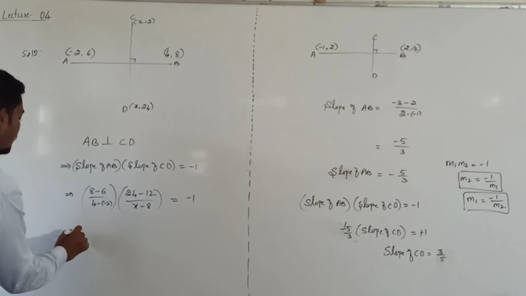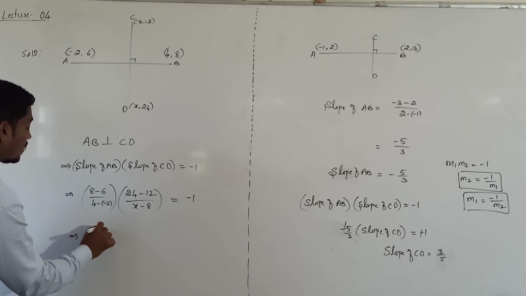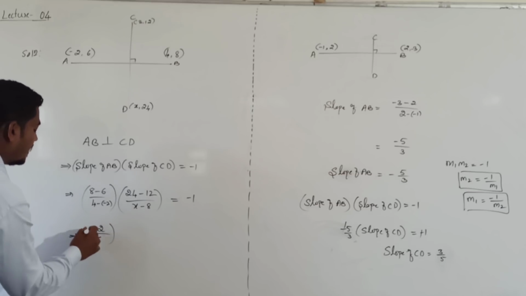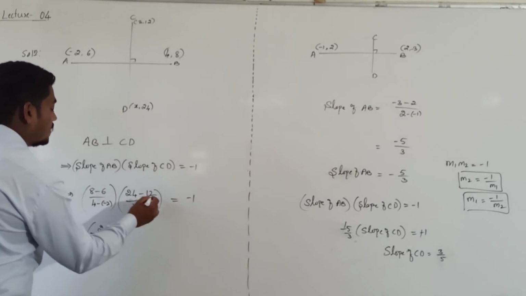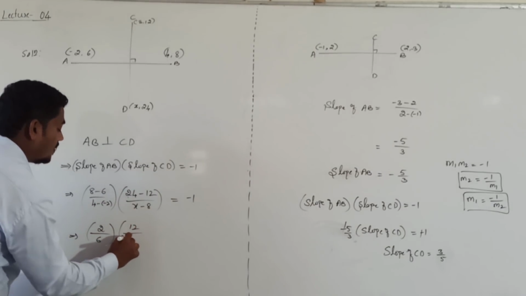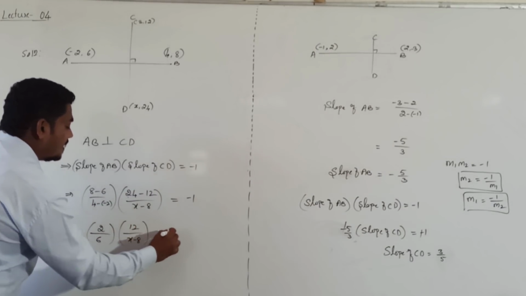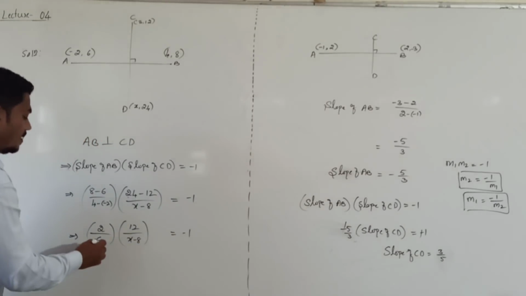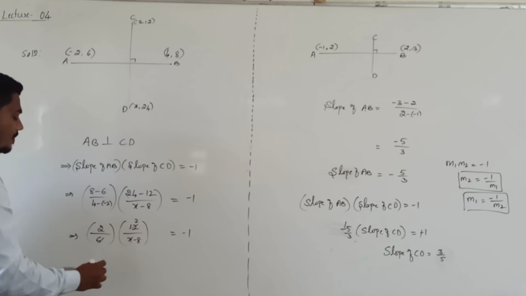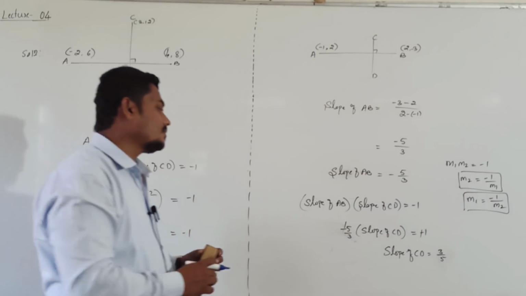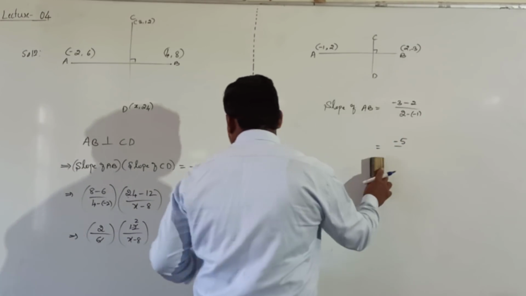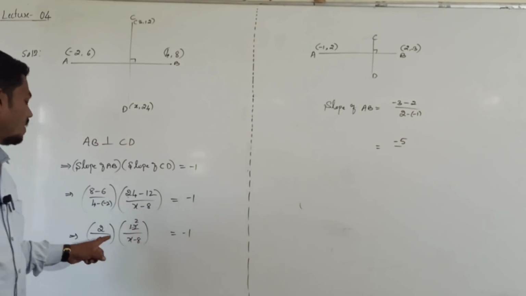Now the usual simplification. 24 minus 12 is 12. 12 divided by x minus 8 is equal to -1. Now 6 ones are 6, 6 twos are 12. Then 2 twos are 4, right?